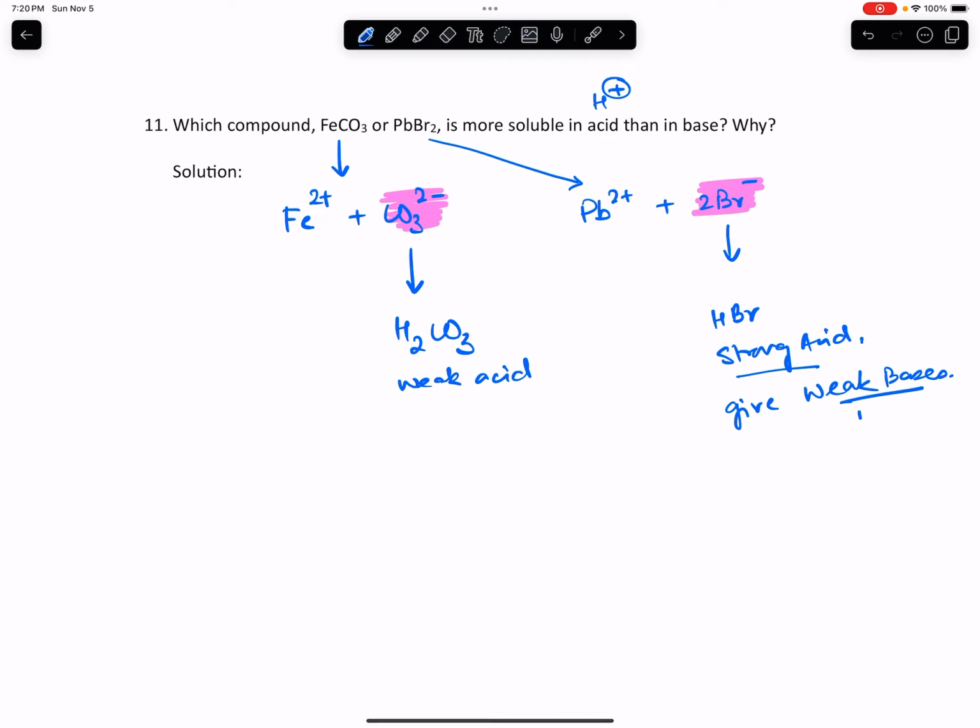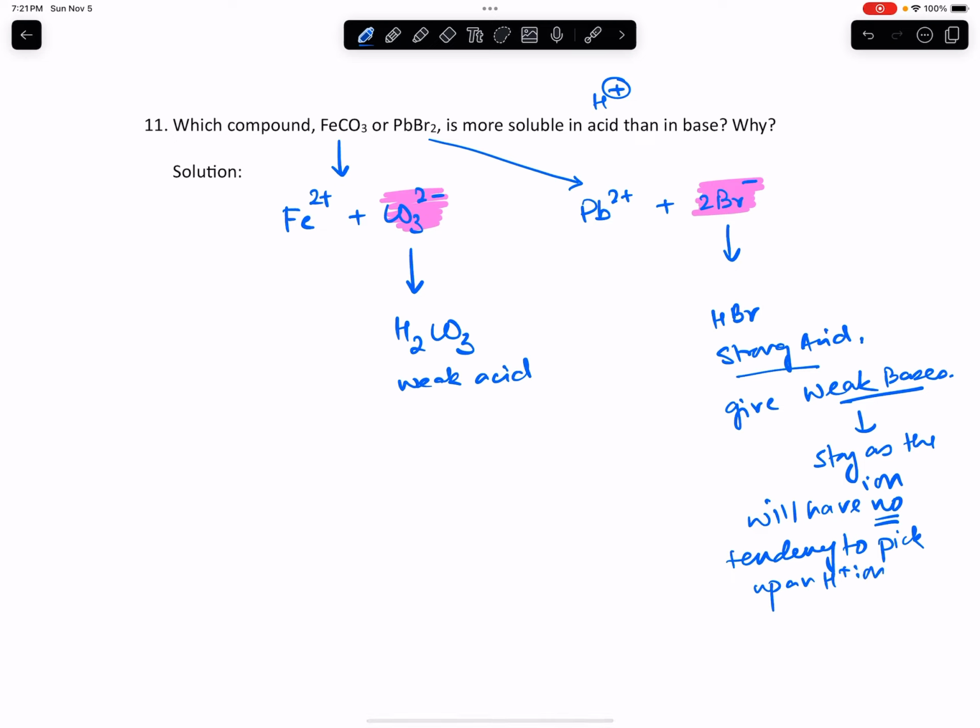What that means is that once the base is formed, it will stay as the ion and will have no tendency to pick up an H+ ion. Therefore, in the presence of acid, which is what the H+ ion is, the solubility of PbBr2 will not increase.